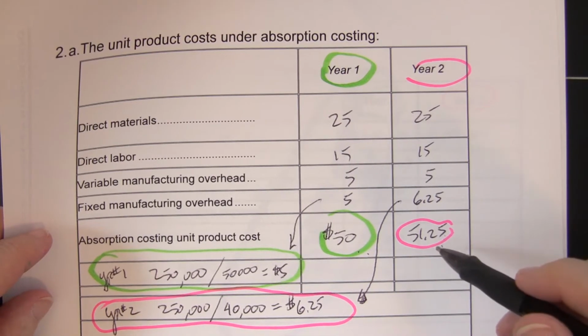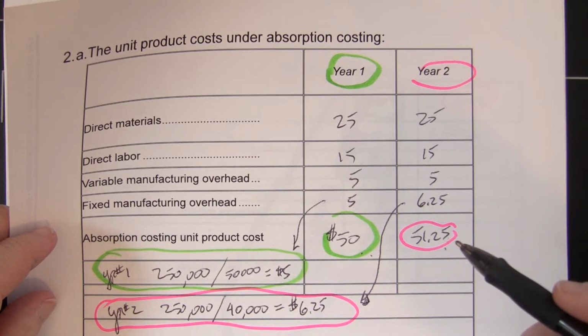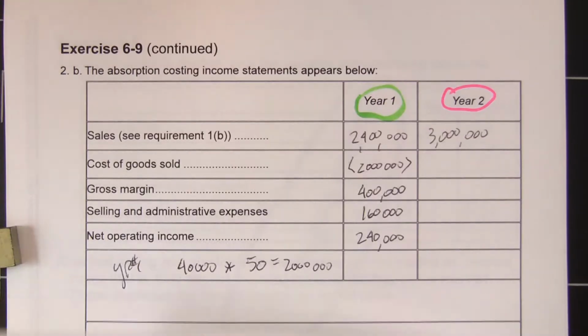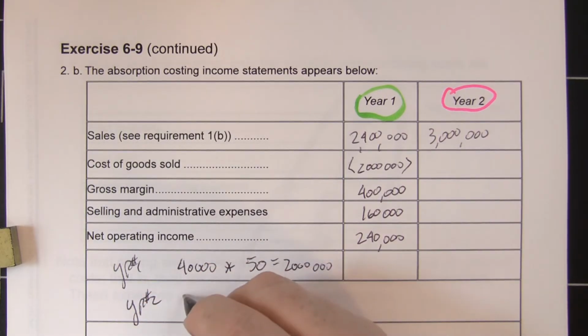We sold some that we made from the year before. We're using some of that overhead from the year before. So it's $51.25 per unit. So year number 2, we sold 50,000 units.